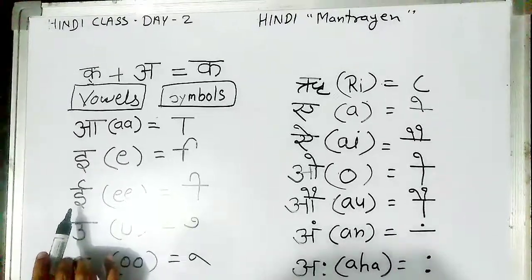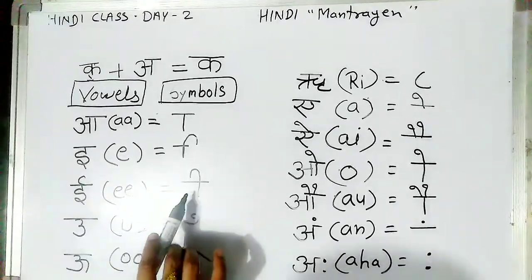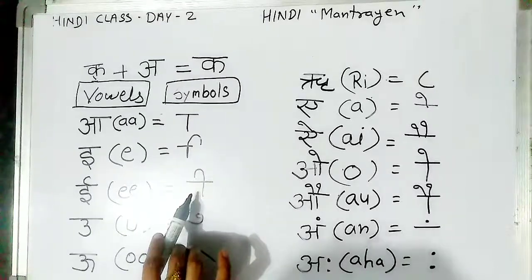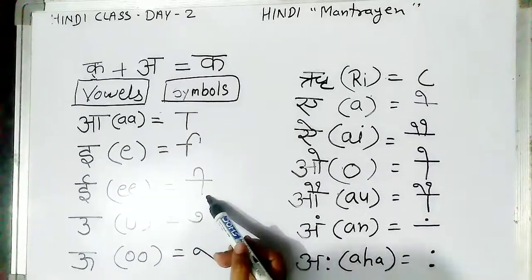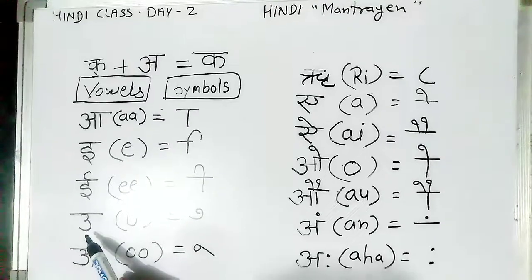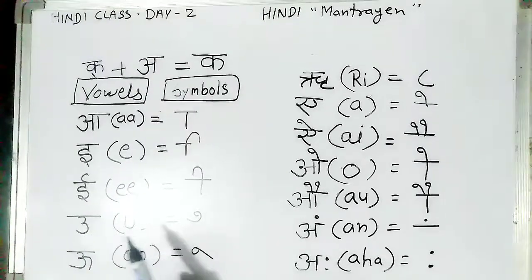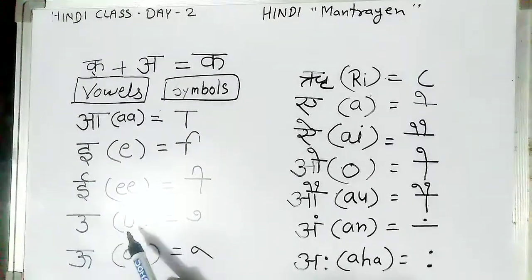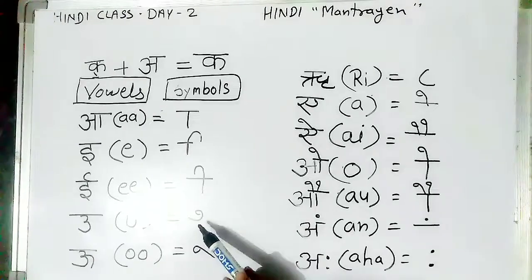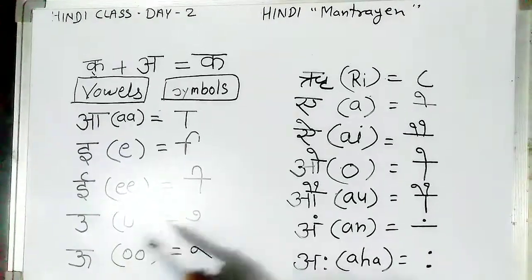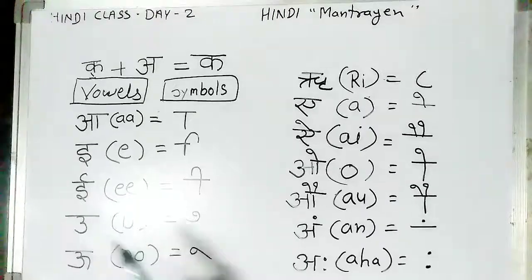Big E, this is the matra of big E. This is small u, and this is the symbol of the small u matra.